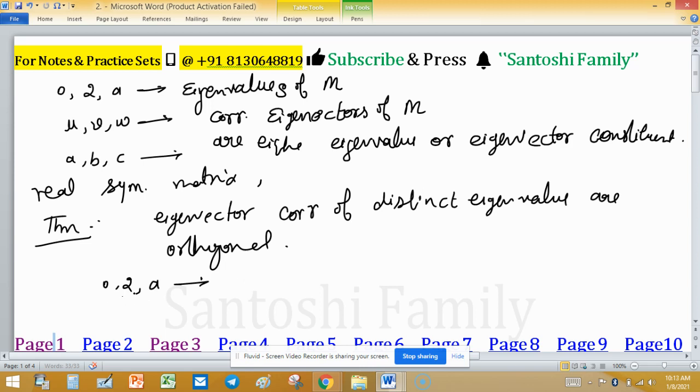So first consider these pairs one by one: 0 and 2, 0 and a, and 2 and a, and we will find a relation from the orthogonality of their corresponding eigenvectors.